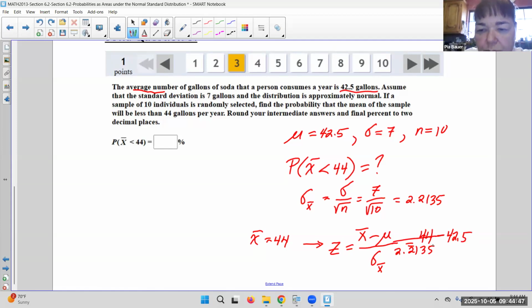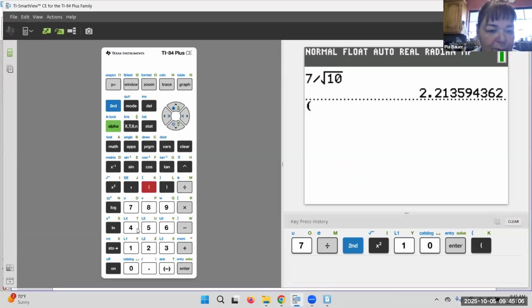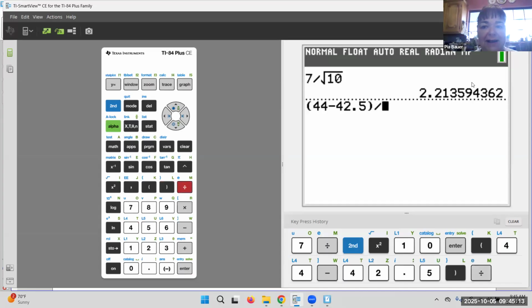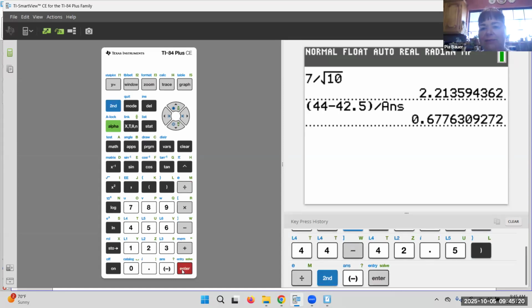But let me write that down again. Instead of rounding that, I'm going to put in parentheses 44 minus 42.5, close the parentheses, divided by this answer here, second, and the negative sign, divided, and then that way I'm not rounding it.